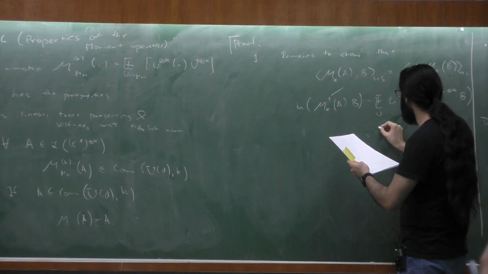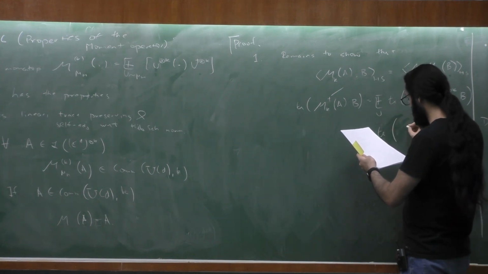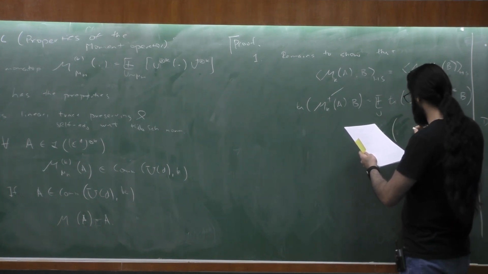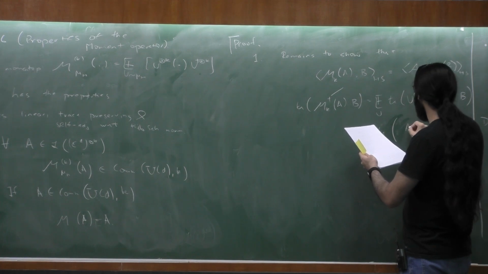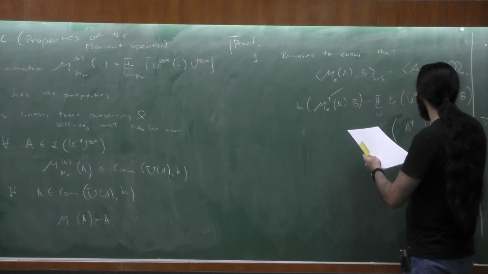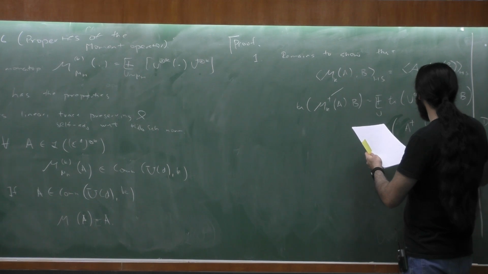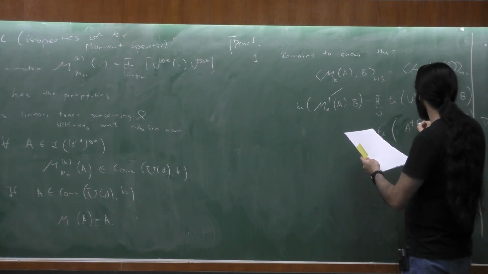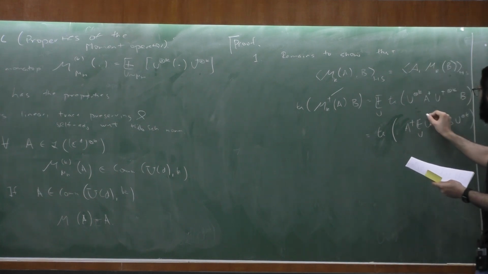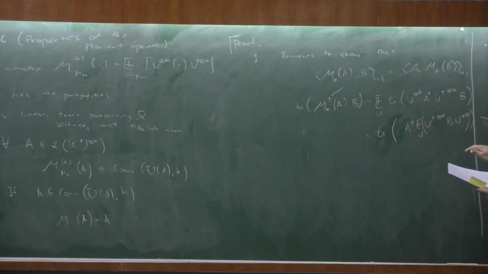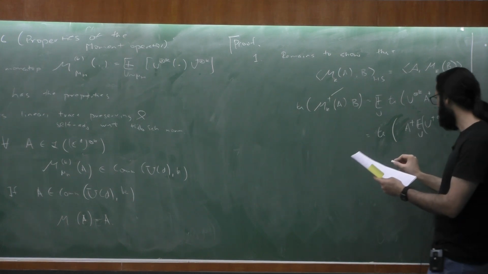Let's swap it, so let's write it as the trace of A dagger, U dagger tensor K, B, U tensor K, expectation over U. I can do that because the trace is cyclic, so I can take this U to the other side. And then just expectation, so nothing very complicated.